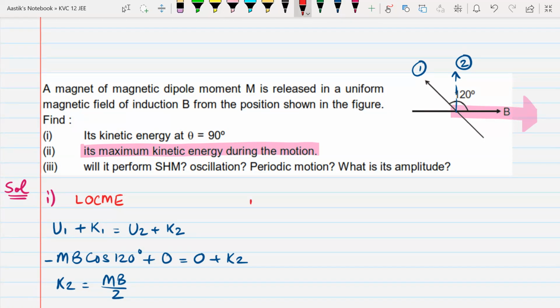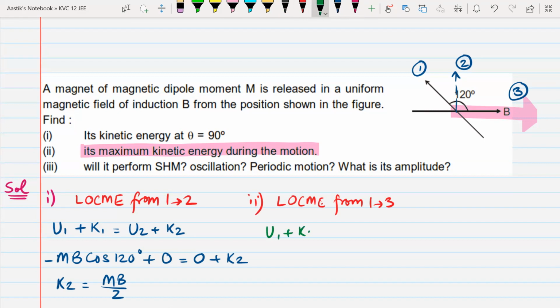So I can do the same law of conservation of energy. Here I have applied it from 1 to 2. Now I can apply it from 1 to 3. Position 3 is the position of stable equilibrium, the point where the angle is 0. So I can apply it from 1 to 3. Yes or no? Yes, sir.